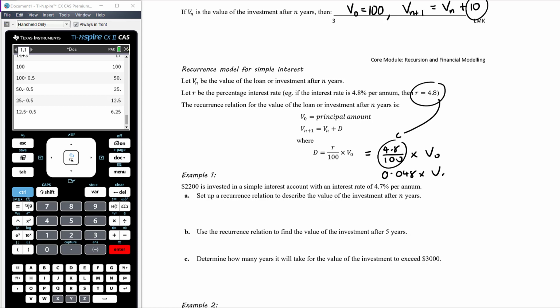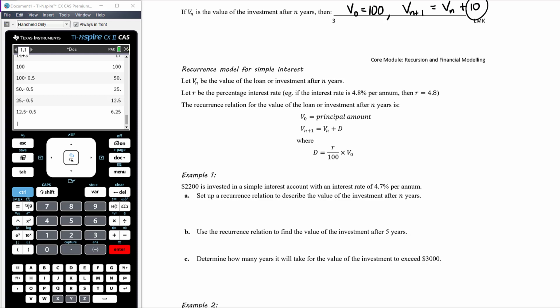We've talked about that in other situations. So 4.8% is 0.048. So we're doing that multiplied by V0. Okay, but if R is the interest rate of 4.8, the formula needs to specify that we're dividing that by 100. But you can go straight to calculating 0.048 times your initial value, your principal amount.